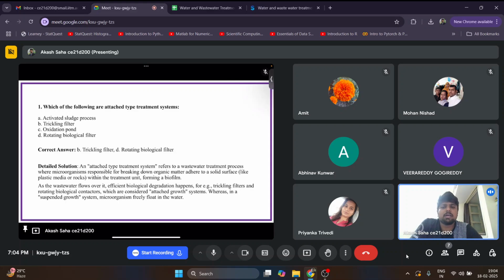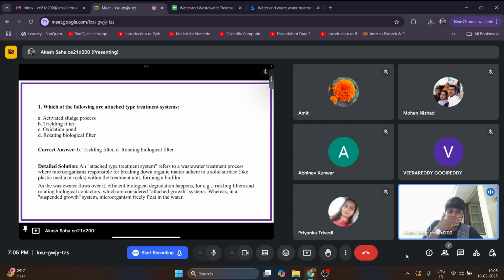Okay, I'll ask one more question. Where do you think the retention of biomass, or the retention of microorganisms, will be more, in attached type or suspended type? Can you understand what I mean by retention of biomass? Where do you think the biomass concentration will be retained for a longer period of time, in suspended growth or attached growth?